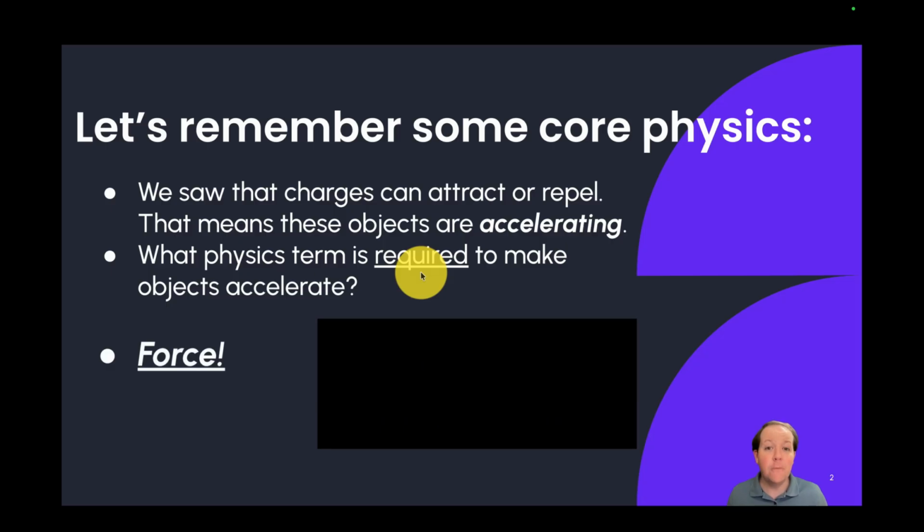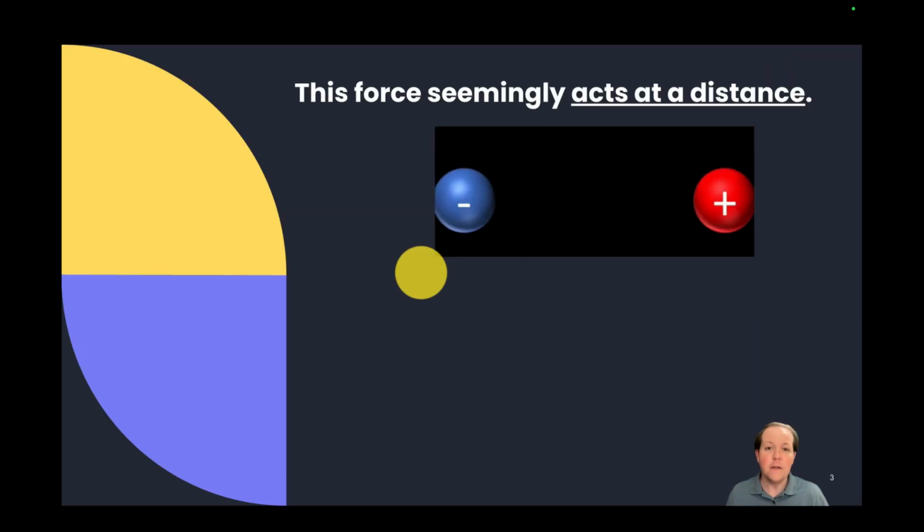Team, that's a force. So by deduction, if we have charges that sometimes attract, sometimes repel, that means these charges are accelerating, which must mean there is a force involved. Okay, so there are forces that are acting on electric charges.